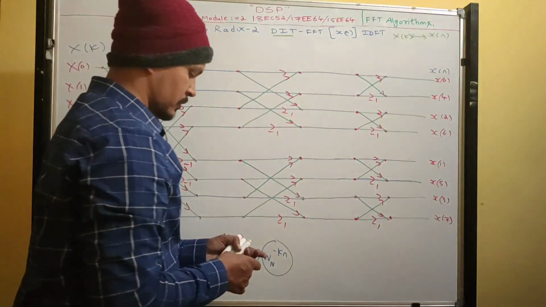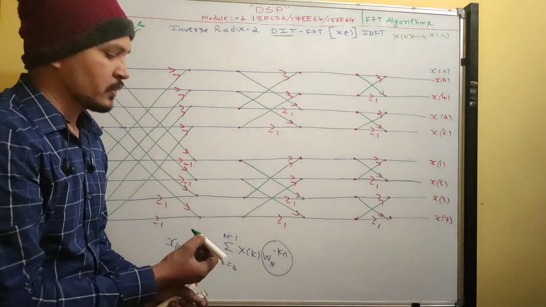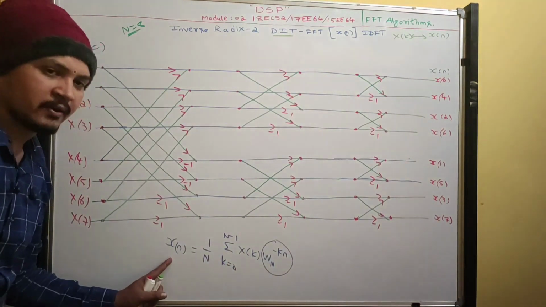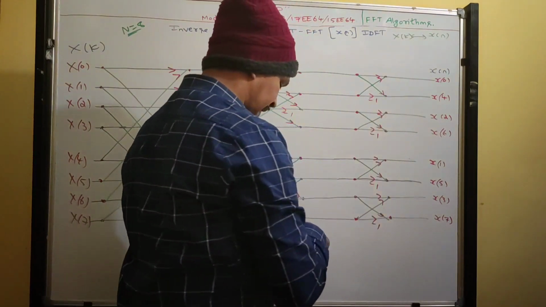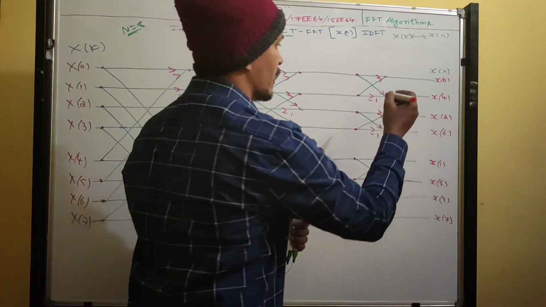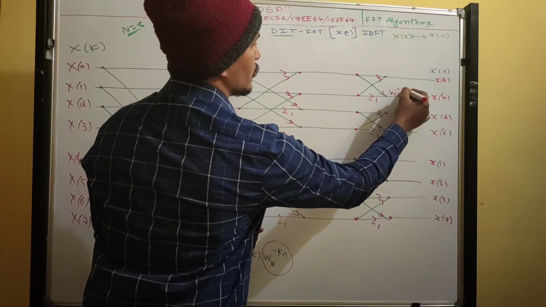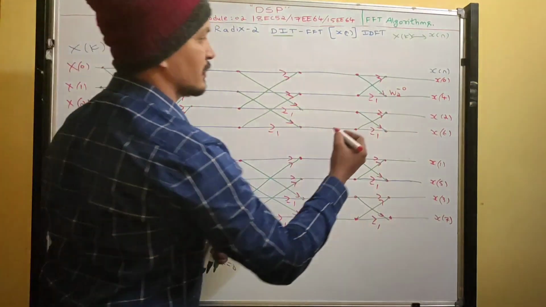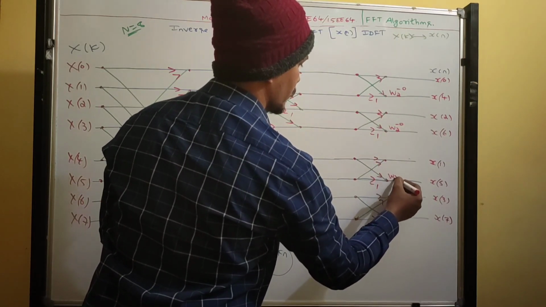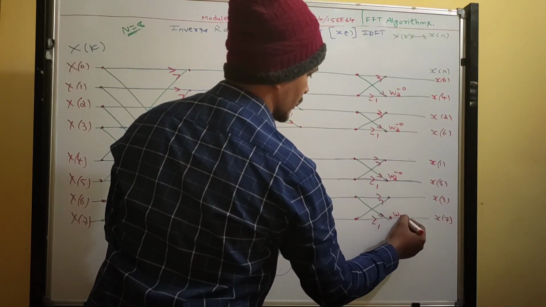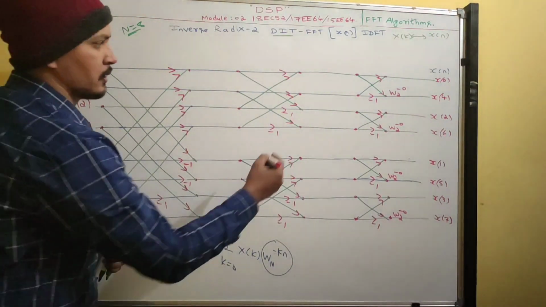Next one, look here. You should write the twiddle factor after the butterfly. What is the twiddle factor in IDFT? Negative powers. Instead of writing positive powers, you should write negative powers. W2 to the power of minus 0 you should write. The 2 point is over. Next the 4 point.